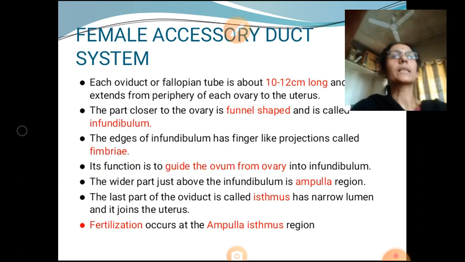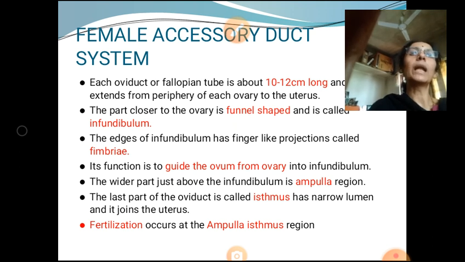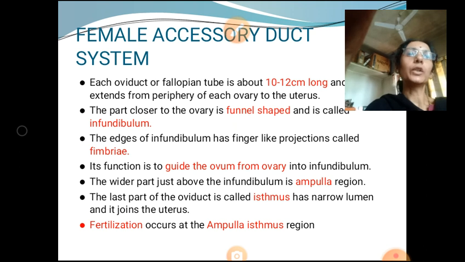First let us study the oviduct or fallopian tube. This tube is 10 to 12 centimeters in length, and it extends from the periphery of each ovary to the uterus.